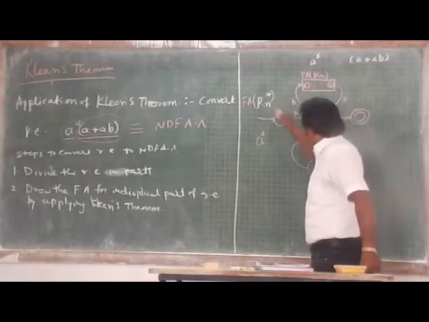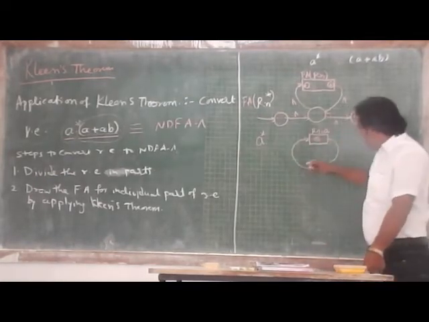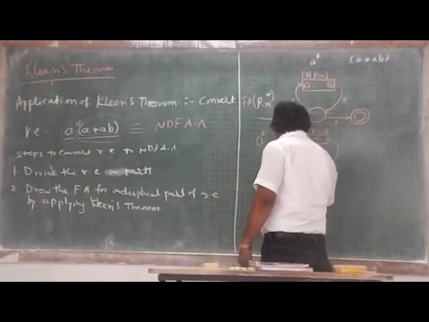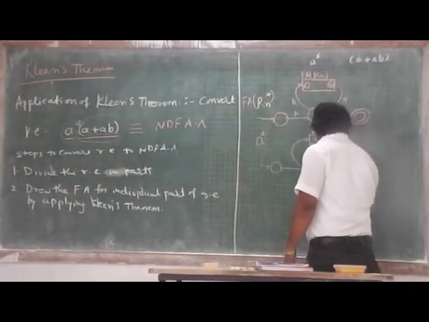Since A star is a closure, I have a loop like this, and I will add an initial state and a final state with null moves.